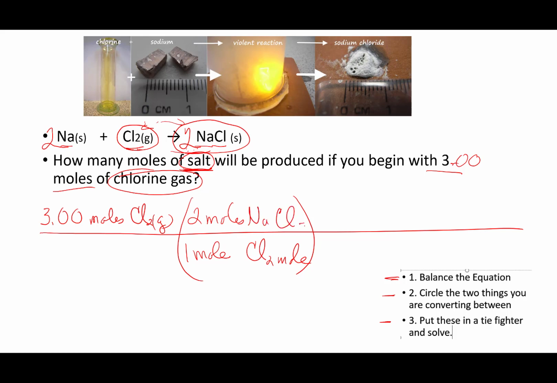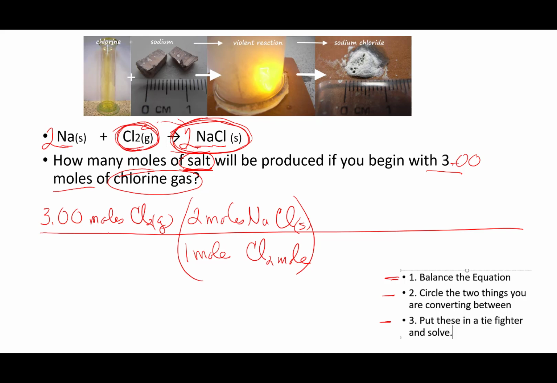That's the ratio in this recipe. I am going to use 1 mole of chlorine gas for every 2 moles of sodium chloride that's produced. That's like saying for every 2 cakes that I make, I need 1 pound of butter. Boy, that sounds like a good cake.